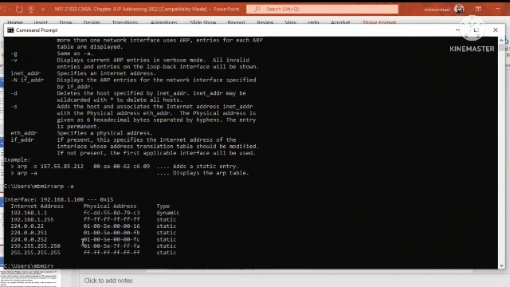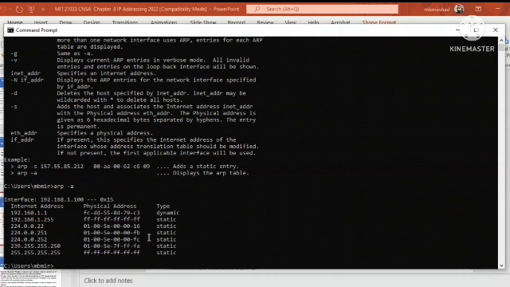If you type ARP -a, you can see here the corresponding IP addresses, internet addresses, and the corresponding physical address. You know the meaning of physical address: basically, the physical address is the hardware address. So the ARP command shows us the IP address as well as the corresponding physical address.